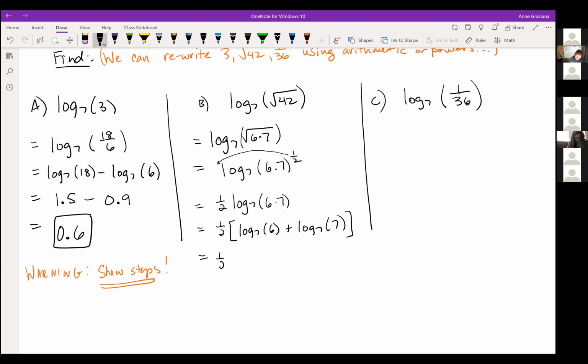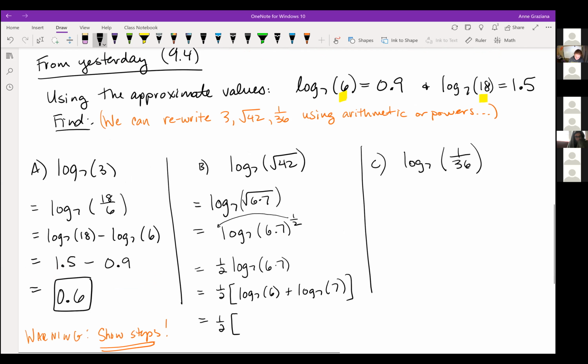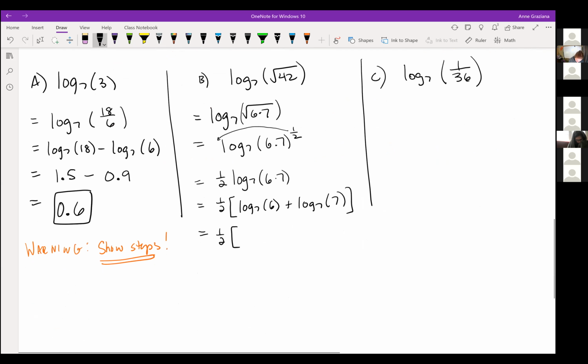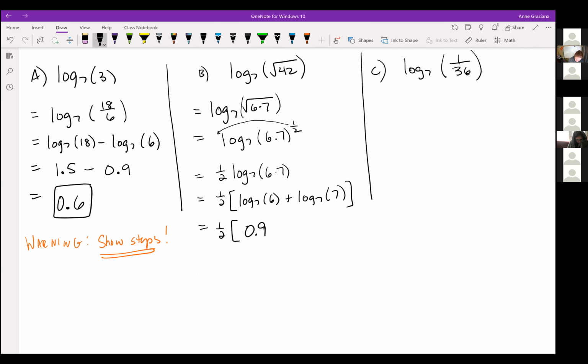And this is 1/2 times log base 7 of 6, let me double check, is 0.9, so I don't write the wrong thing down. Plus log base 7 of 7 is 1. Yeah. Okay, so anytime you get that to happen, that's helpful. And then this is 1/2 times 1.9.